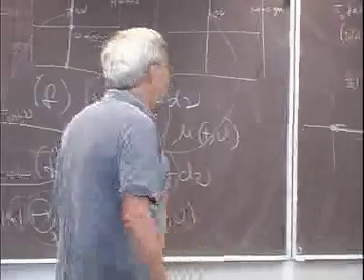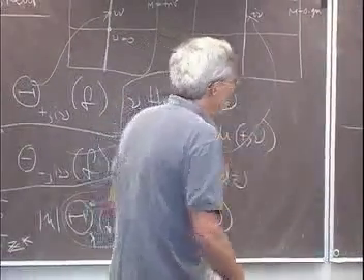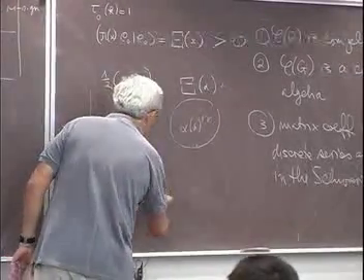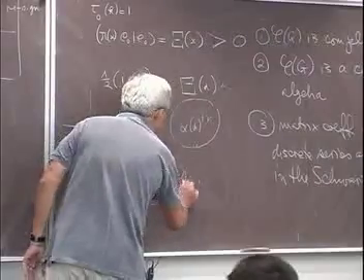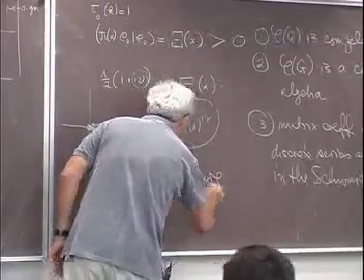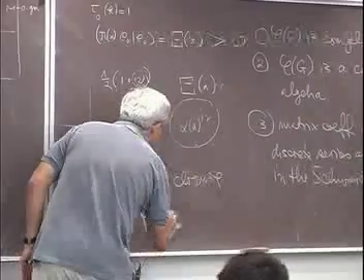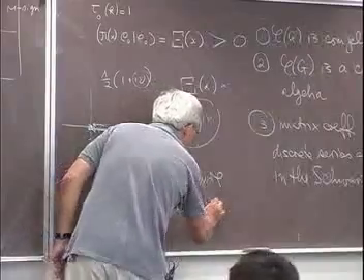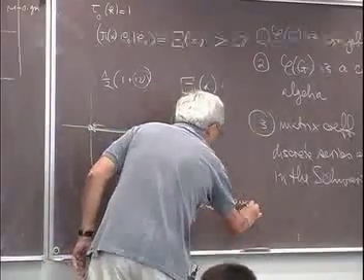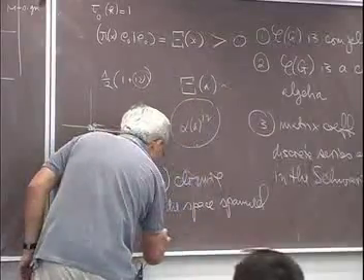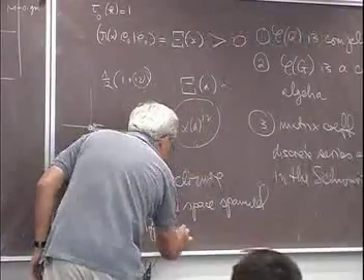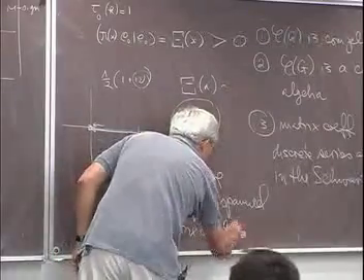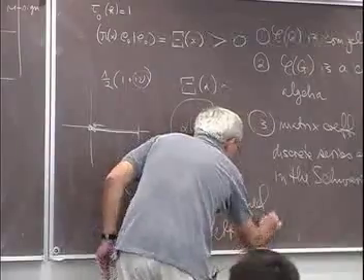And you can look at the closure. So let me denote by C naught of G the closure of the space spanned by matrix coefficients of all discrete series.